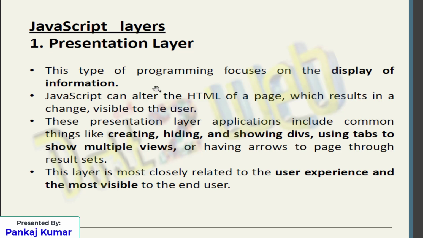The presentation layer includes common things like creating, hiding, and showing division tags (divs), using tabs to show multiple views, or paging through the result set. These are the things you can do in the presentation layer.